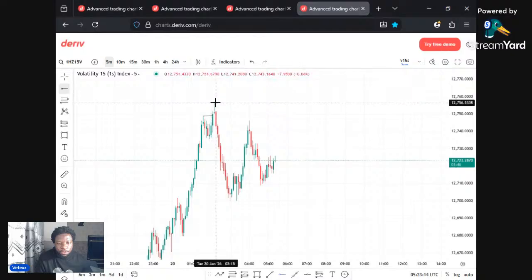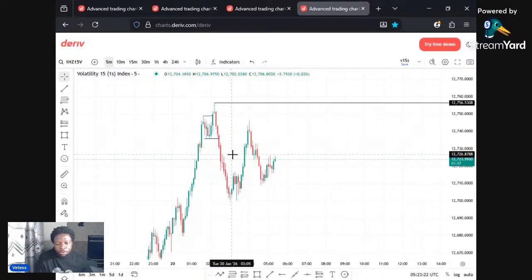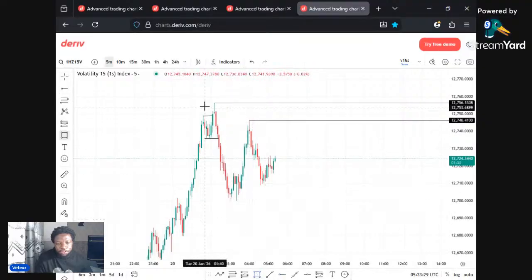We have our protected high here. We have our first break of structure, which is this. We have price retrace 50% to give us our structural liquidity, which is this. This becomes our point of interest.